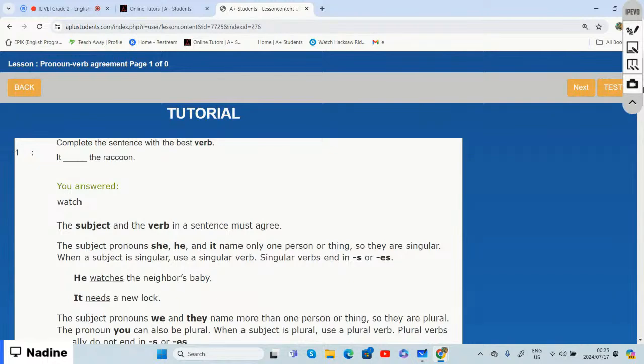So if we just say walk, it refers to they walk, we walk, you walk. It's a plural pronoun and it refers to more than one person that does something. They walk. If we only had to make mention of one person, then we say he walks, she walks, right? But see, we have no S after the word walk.